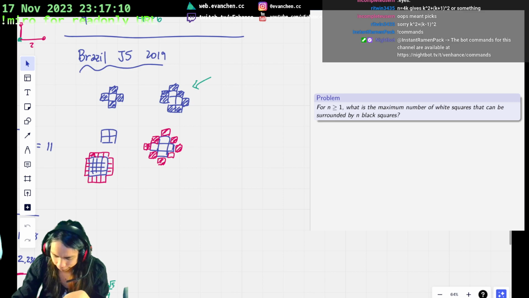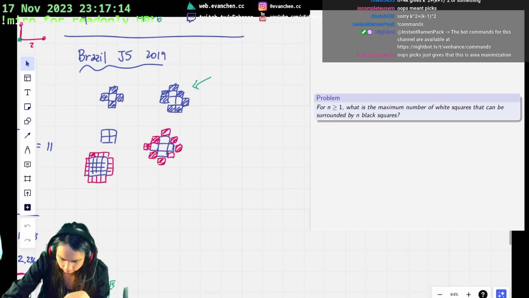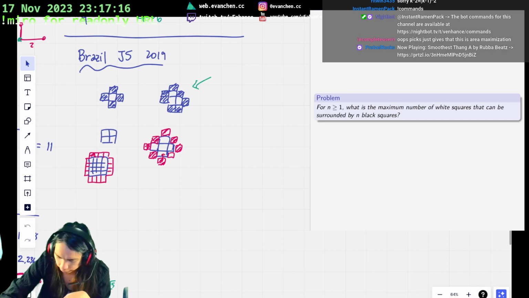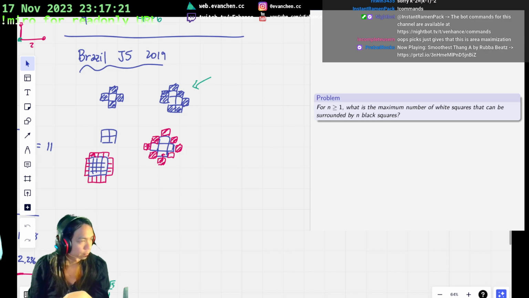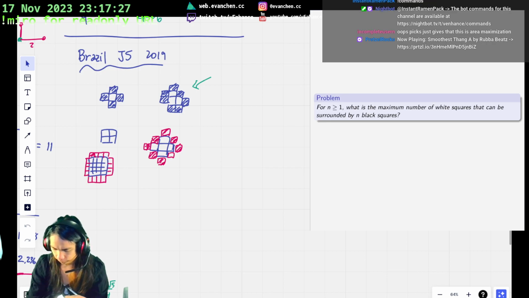So actually, even for n equals 7, the example I gave is not optimal. Because if I move this red square in by 1, I can get 4 with 7. Yeah, I can actually get enclosed 4 things with 7 black cells. If I had 6, it is probably actually 2.